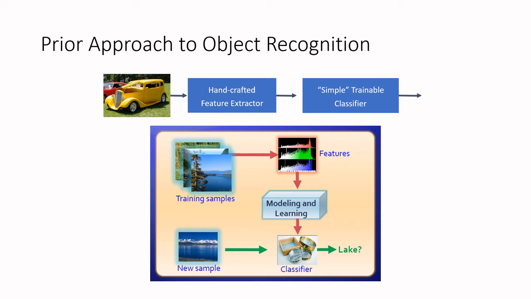So let's look at the earlier approaches to object recognition. As this slide shows, earlier approaches consisted of creating handcrafted features, extracting those features from a large collection of examples, and then using them as training vectors to train recognizers, or to model and learn the distinctions between different types of objects, or build classifiers.